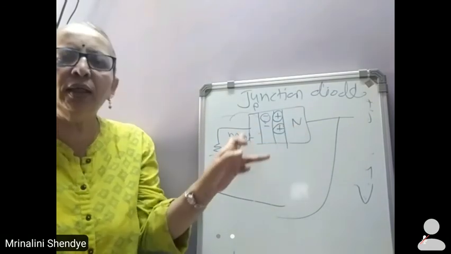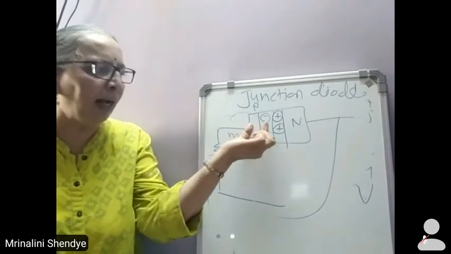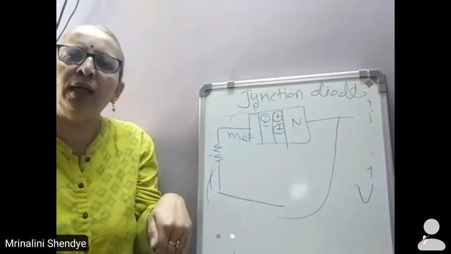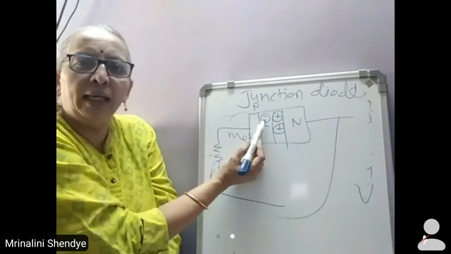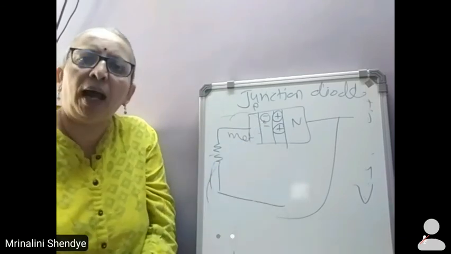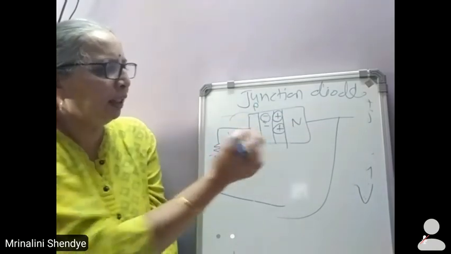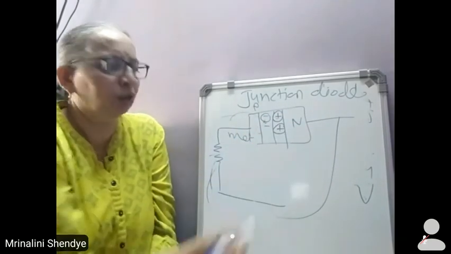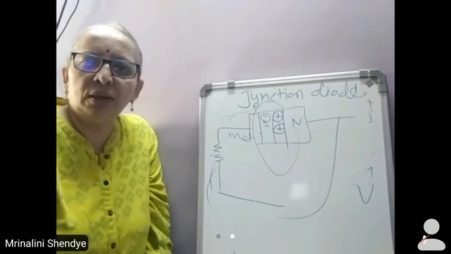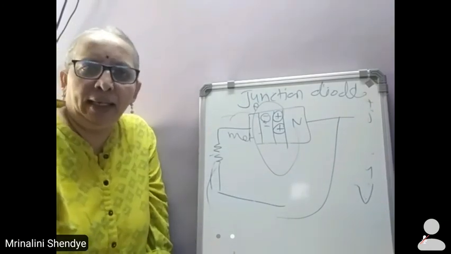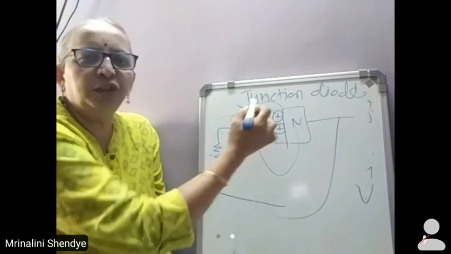So once the electron is recombining with the corresponding hole, that atom which was electrically neutral will acquire an extra negative charge. So in p type you get negative acceptor ions, and on n type you will get positive donor ions. So this is the depletion region. When such a junction is used in electronic circuits, the name is junction diode.